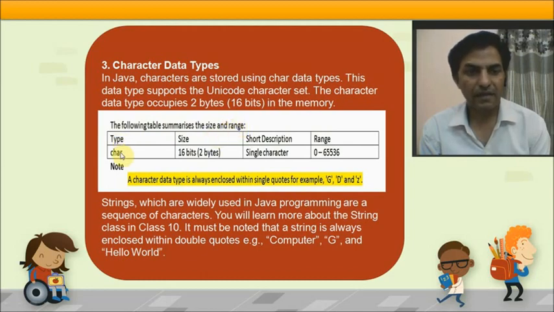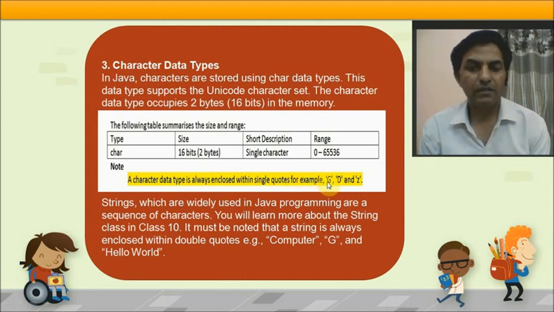Type is char, that is character. Size is 16 bits, that is 2 bytes. It stores a single character and its range is from 0 to 65,536.